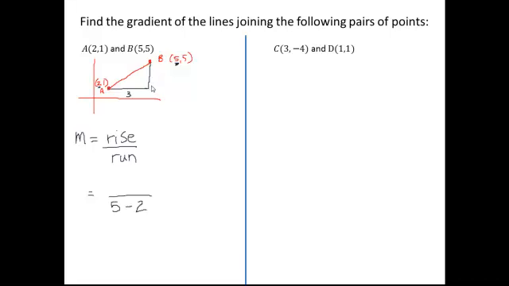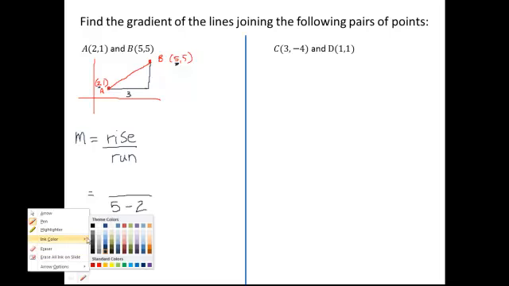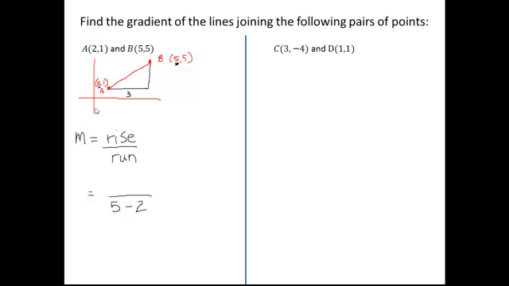Okay? Now with the rise, we're talking about the y coordinates. So let's get a different color here so we can see. So the y coordinates go from 1 to 5. So from 1 to 5 would mean we have a rise of 4. And in fact, what we did is we took the second y point and subtracted from it the first y point.